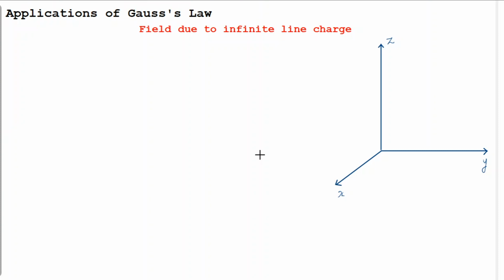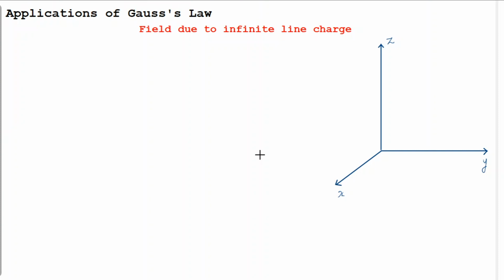In today's video, I'm going to explain one of the major applications of Gauss's law, that is to find the electric field due to an infinite line charge. We have derived a mathematical equation for the field due to an infinite line charge using the cylindrical approach or general approach.